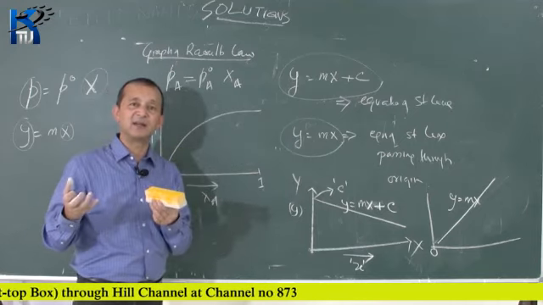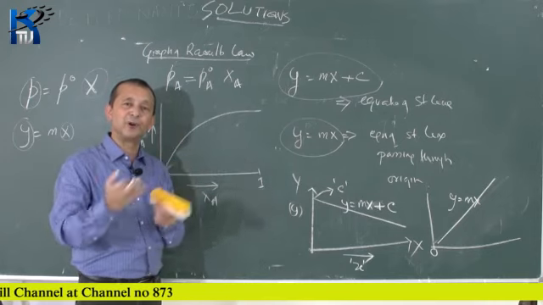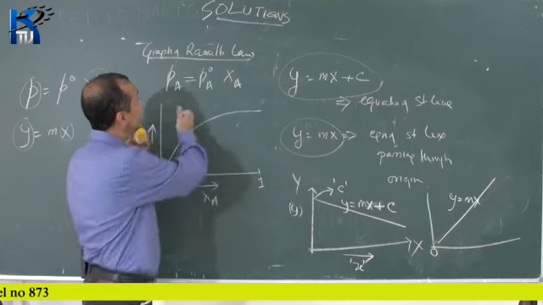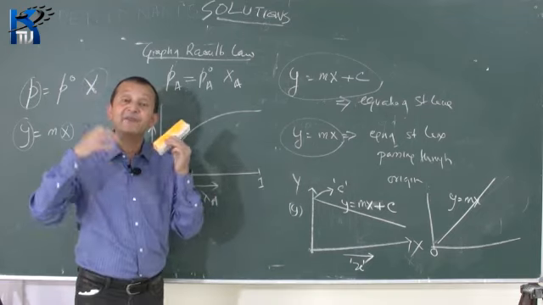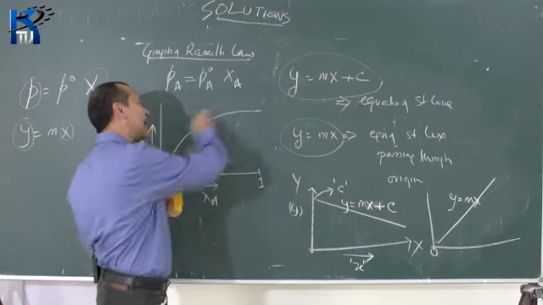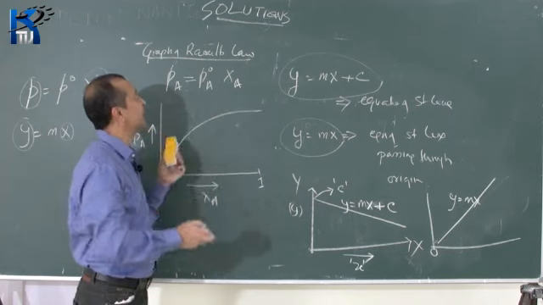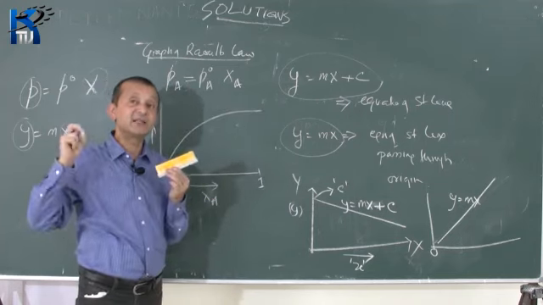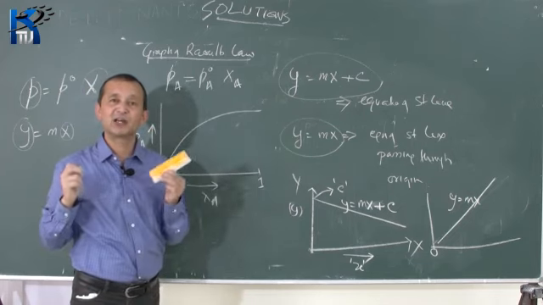We can change the mole fraction to 0.1, find PA, change it to 0.2, find PA, change it to 0.3, find PA, and if you get many sets of values and plot them in a graph, if the graph is not a straight line, it's something like this, then we know that this graph does not fit into this mathematical relation. If it does not fit, it means it is not obeying Raoult's law.